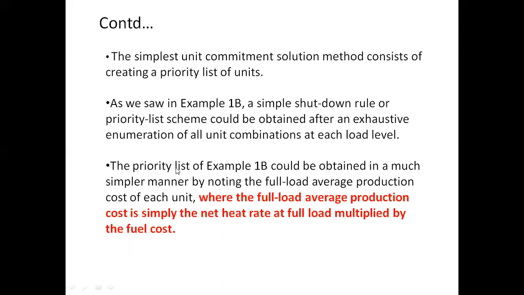The priority list scheme of example 1b could be obtained in a much simpler manner by noting the full load average production cost of each unit, where the full load average production cost is simply the net heat rate at full load multiplied by the fuel cost.